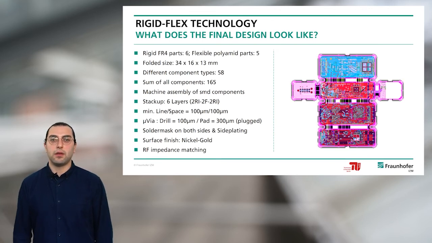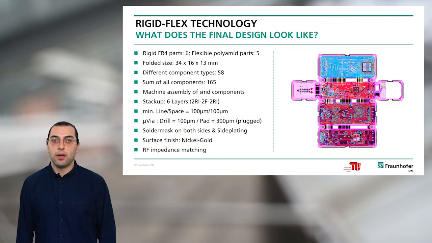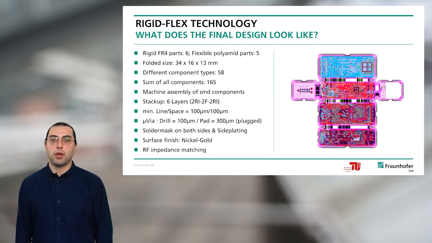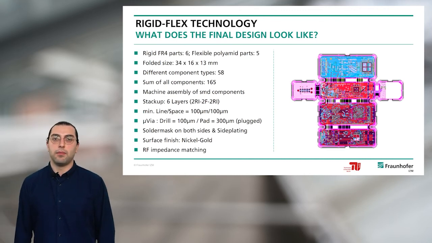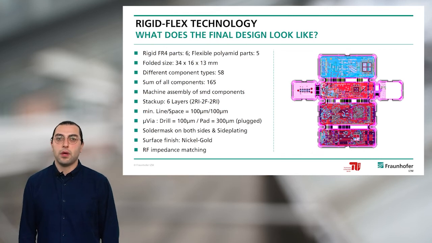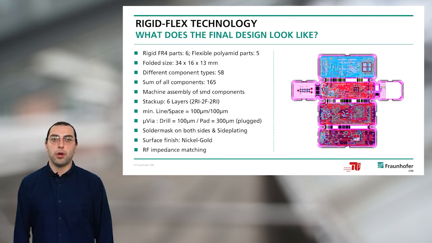We have 58 different component types and, in sum, 165 components integrated in this design. The SMD components can be assembled with a machine. We use only SMD components so that we can assemble them all by machine and without further steps. The stack up is made of 6 different layers. We have 2 rigid parts at the bottom, then 2 flex parts in the middle, and 2 rigid parts again in the top layer.